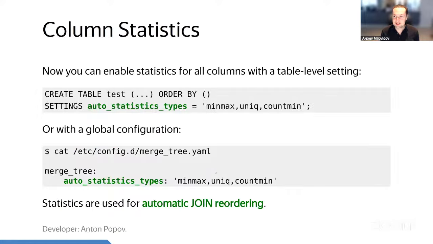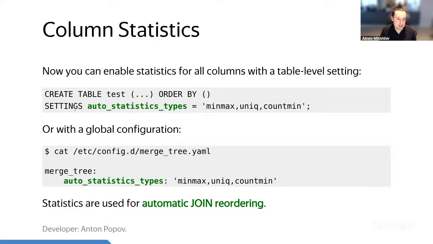Column statistics by default. We introduced column statistics just 1 or 2 releases ago. But back then, you had to specify statistics for every column separately. Now you can specify statistics on a table level.